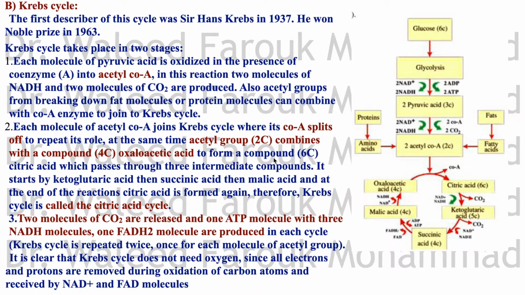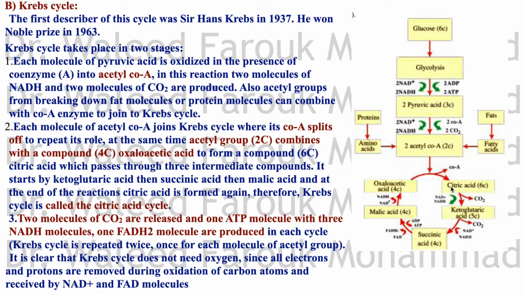Now, each molecule of acetyl-CoA in the Krebs cycle splits, the CoA splits off. And the remaining acetyl group combines with oxaloacetic acid, which is a 4C molecule, to form the 6C molecule citric acid.